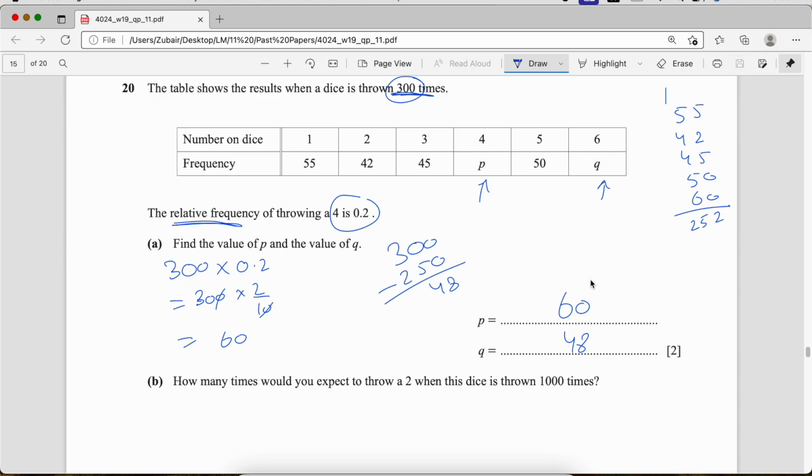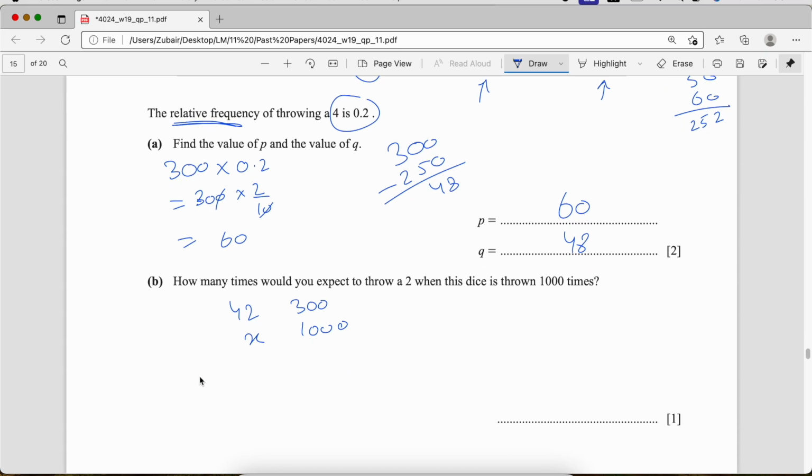So those are the values of P and Q. How many times would you expect to throw a 2 when the dice is thrown 1000 times? So 2 was 42 times out of 300. So if it is 42 times out of 300, it would be x times out of 1000.